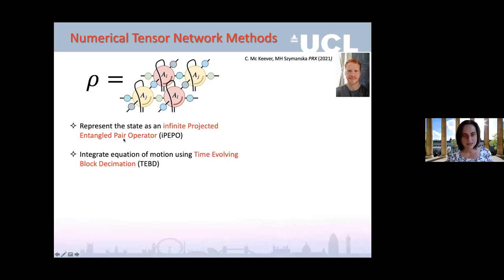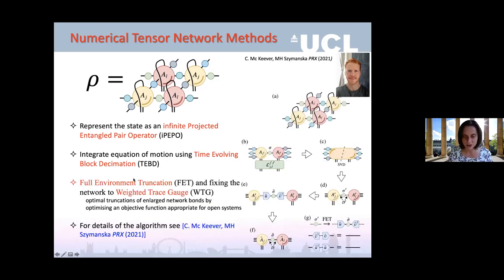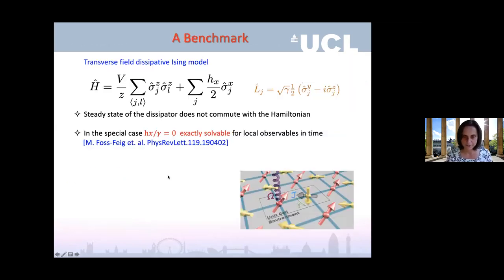So: representing the state as an iPEPO, integrating equations of motion using time-evolving block decimation, but unlike this Nature Communications work, we treated the full environment, providing a full environment truncation, and fixing the network to weighted trace gauge. These ideas were already around in the context of closed systems, but they were never implemented for open driven-dissipative systems, and luckily in our algorithm we were able to show that they work.